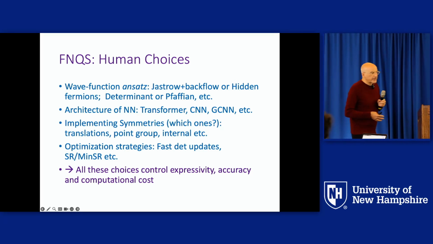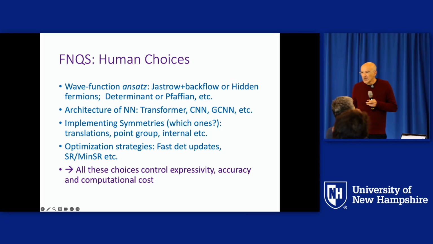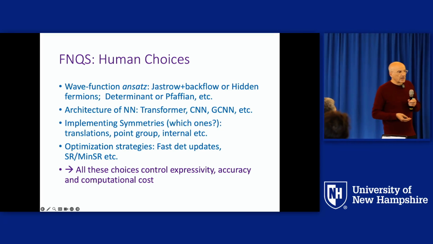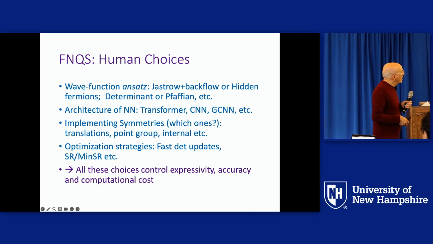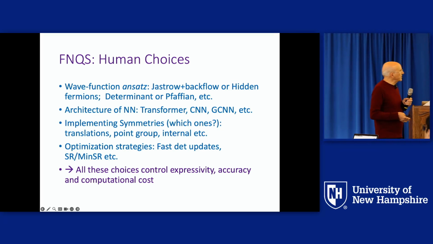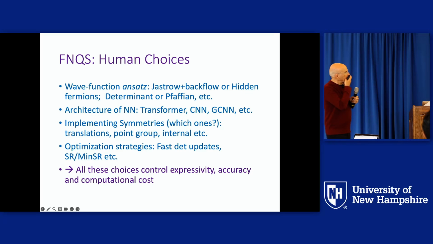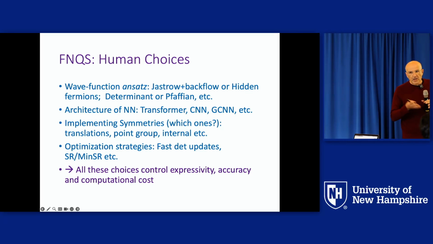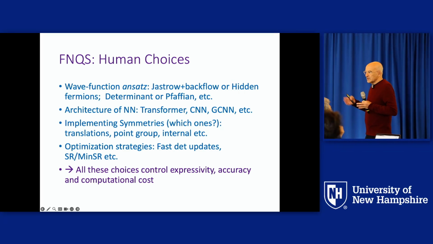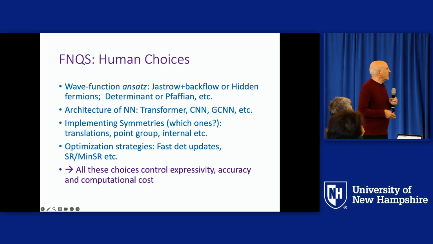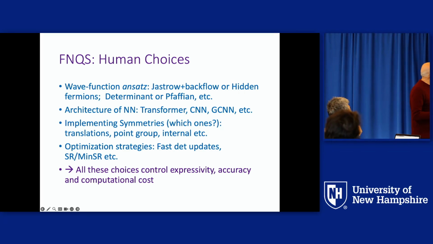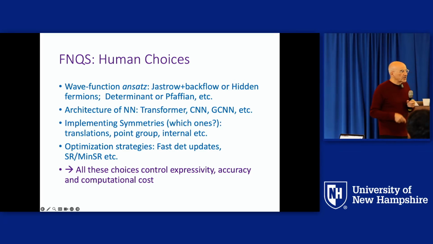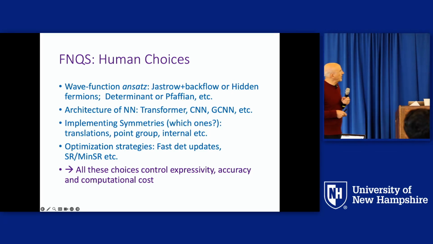This is really directly inspired from several decades of work on variational Monte Carlo wave functions. You can decide to follow a different route, which is what I'm going to talk about, namely hidden fermions. There are many other flavors. You have to decide whether you're going to write your wave function as a determinant or a sum of determinants, or whether we're going to use Pfaffian, etc. So there is a question of general ansatz and form of the wave function.